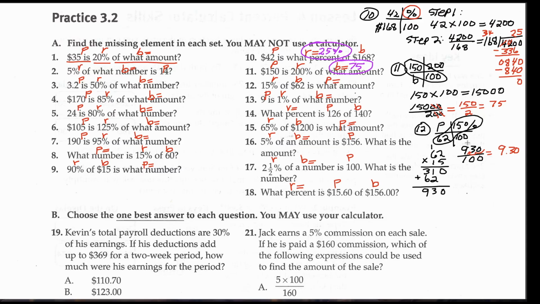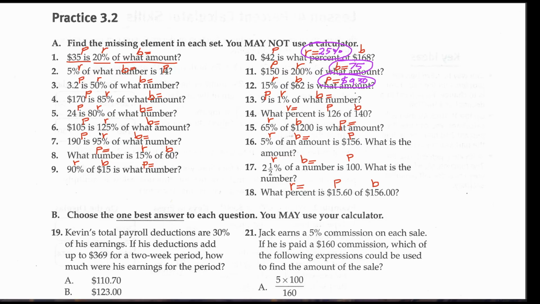Okay, in this case, that's $9.30. So we put that answer where the P is. So that's $9.30, and circle that.